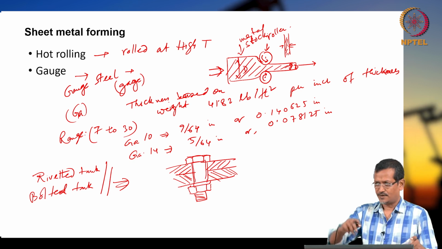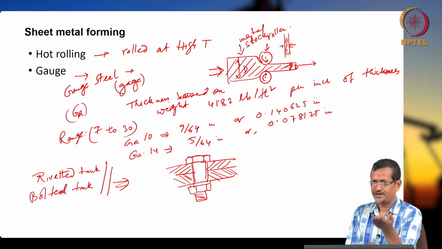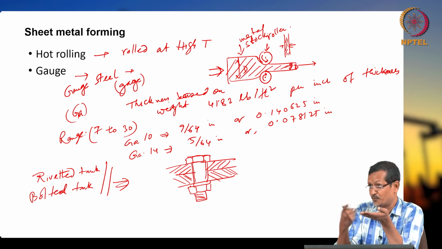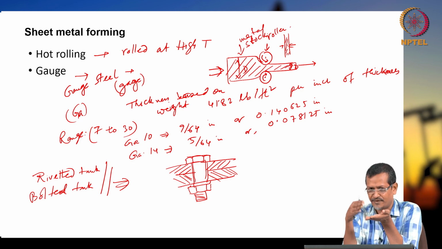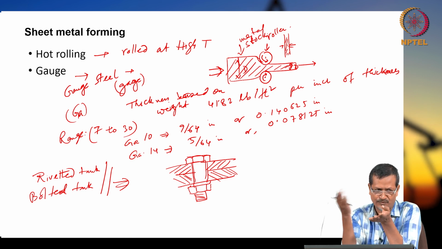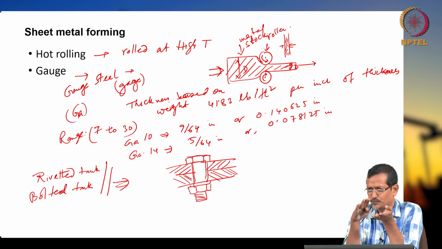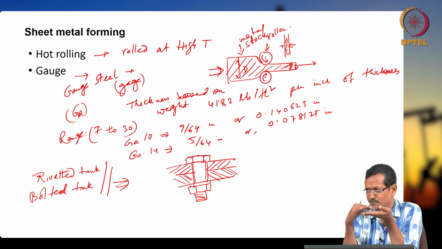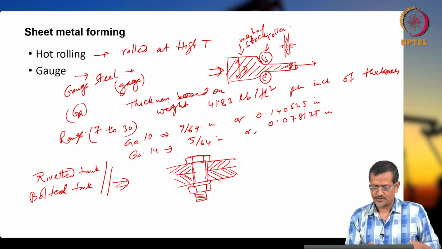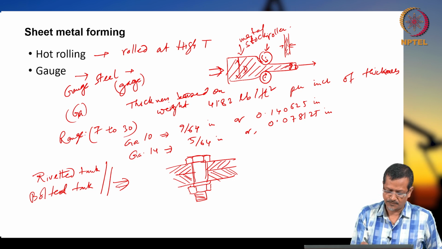So, two sheets you take, make a hole, and you put a nut and bolt. So, this is called a bolted tank. In a bolted tank, if you have any vibration, the bolt can be loosened. If there is any vibration or shocking because of any reason, because of wind flow or anything, the bolt can be loosened, but it is easy to fix because the nut and bolt is just tightened. Okay. So, this is called a bolted tank.